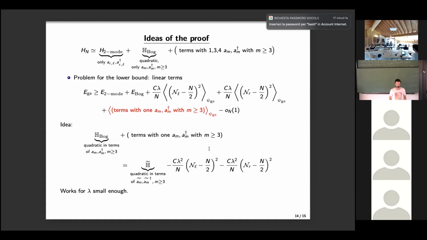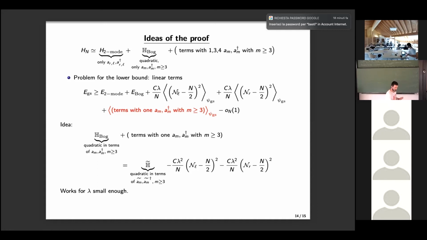And so what is really, really difficult is the lower bound. The problem is that within this picture of splitting, one would like again to throw away everything which is here, and then minimize the two Hamiltonians separately.